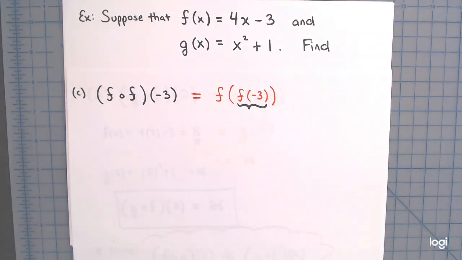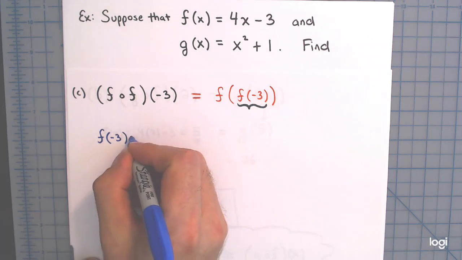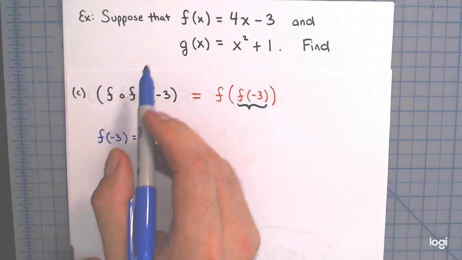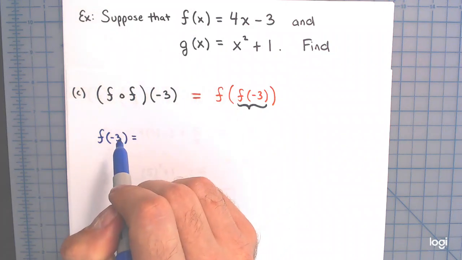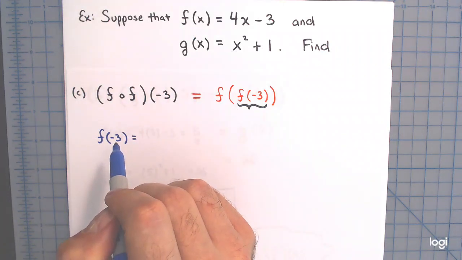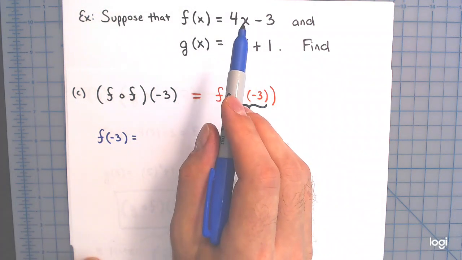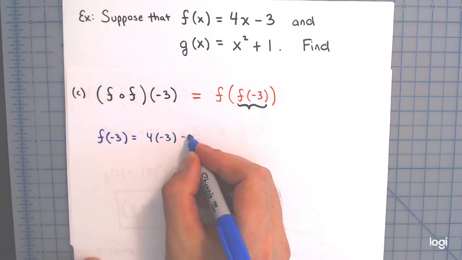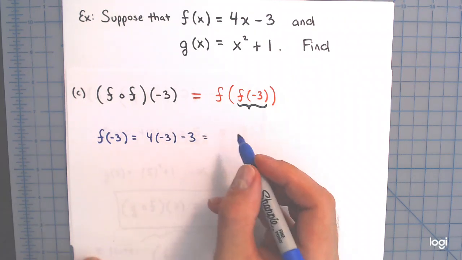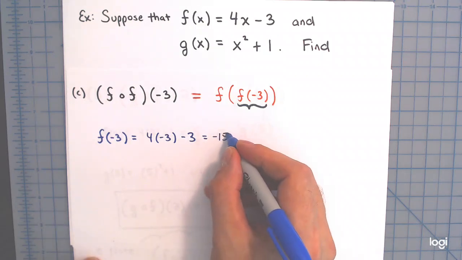So what is the value of f at input -3? I go to the function called f. Pay attention, this one's f. What's the output when the input is -3? f of -3 would be 4 times -3 minus 3. And 4 times -3 is -12, minus 3 is -15.